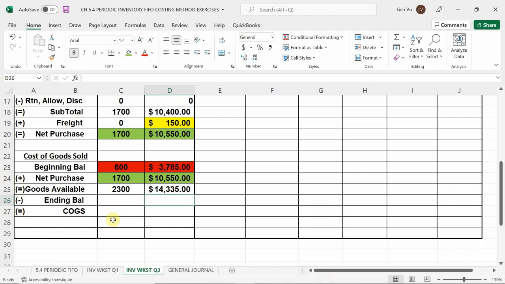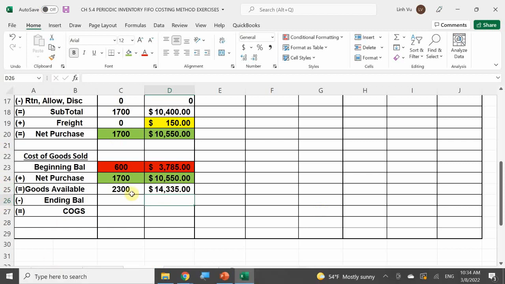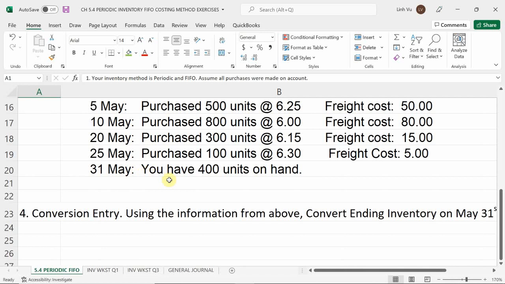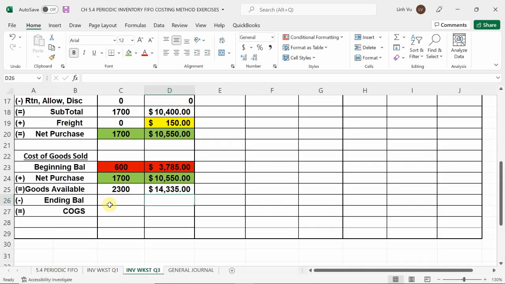Okay? So this is what I have available to sell. Now, I was also given that on May 31st, you have a total of 400 units on hand. So in this case, my ending balance in quantity, somebody went down to the basement and counted that I have a total of 400 units.